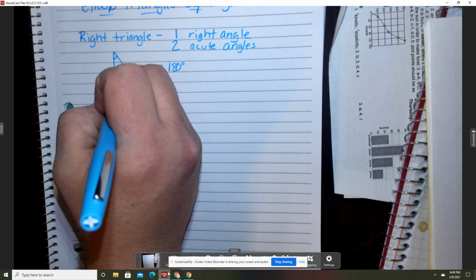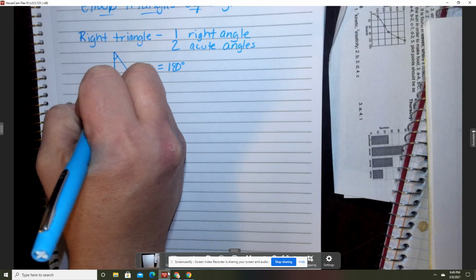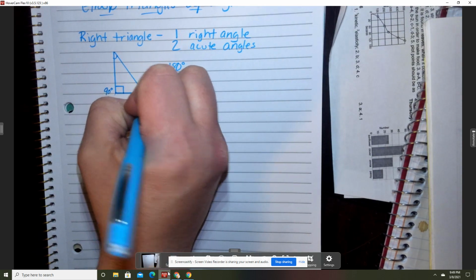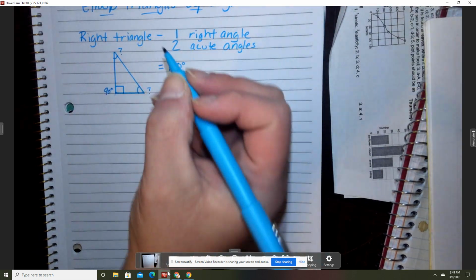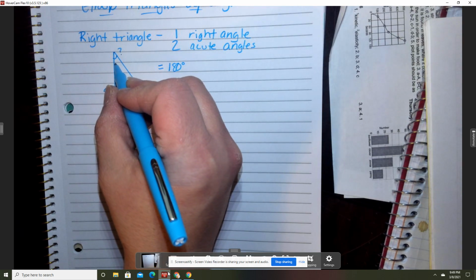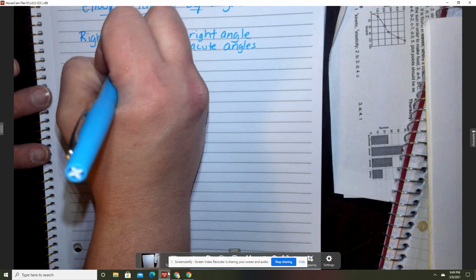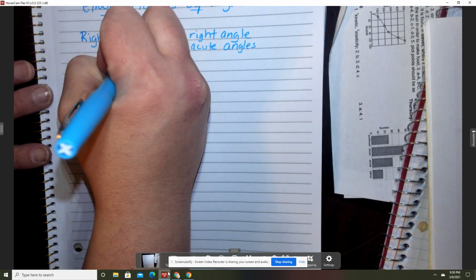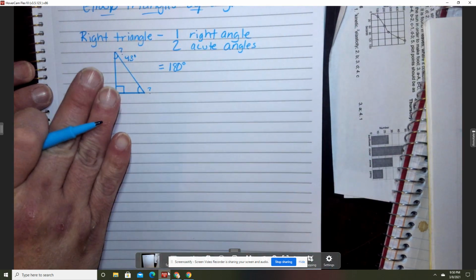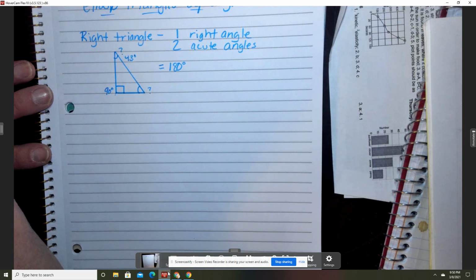So this is 90 degrees, right here, and then we would have to figure out what those two are. So let's say this one is 43 degrees. Now, I don't have a protractor, so I don't know if that's exactly 43, but let's just say.